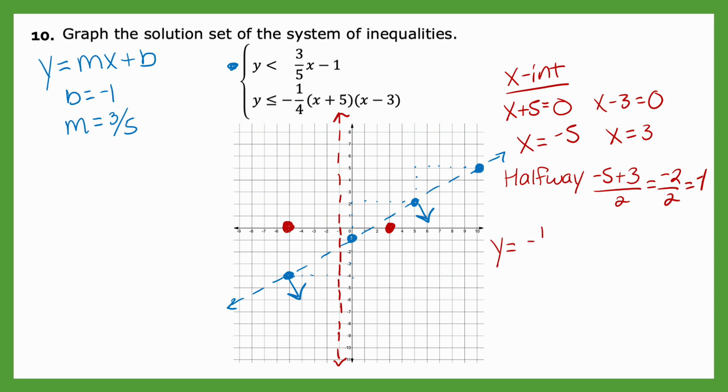So we would have -1/4 times -1 plus 5 times -1 minus 3. So -1 plus 5 is 4. -1 minus 3 is -4.